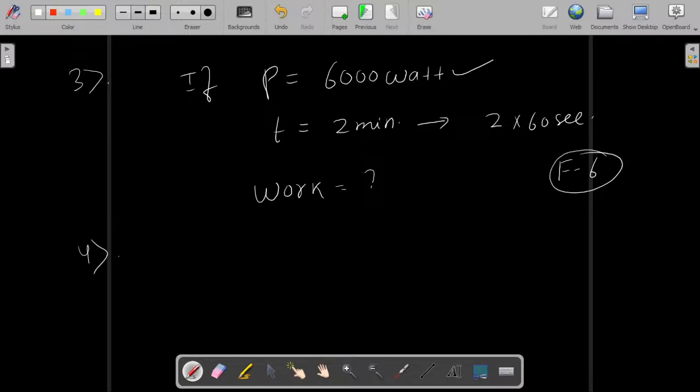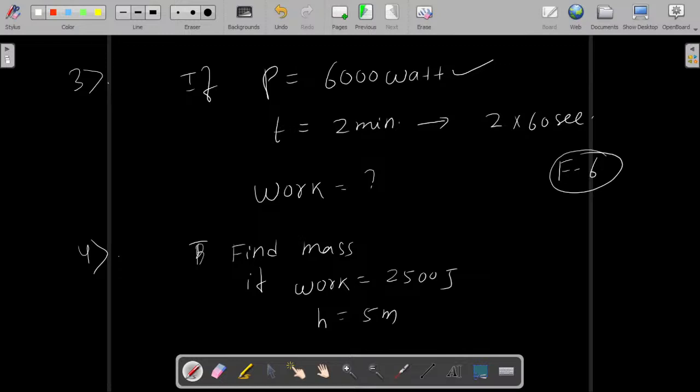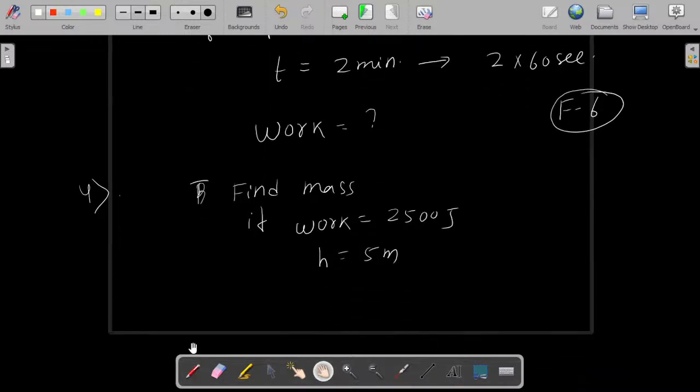Question number 4, write down. Find mass if work is equal to 2500 joule, height is equal to 5 meter, and you have to find mass.